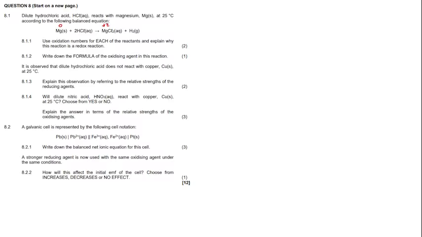The hydrogen in HCl has an oxidation number of +1 in order to balance out the chloride ion. And then in the products, it forms H2 gas having an oxidation number of 0. Therefore, this is a redox reaction because the oxidation number of H changes from +1 to 0, and the oxidation number of Mg changes from 0 to +2.